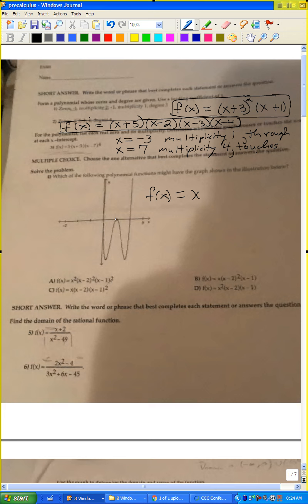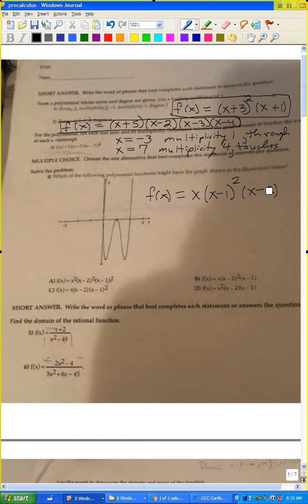Next, I have a root at 1, and it bounces. So it should have an even multiplicity. And so it looks like a parabola. So I would imagine it's 2. Next, I have a root at 2. And notice that it looks like a line here.